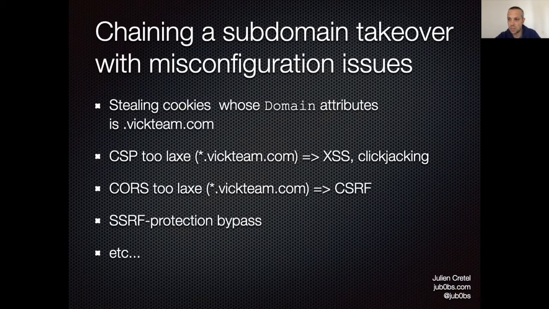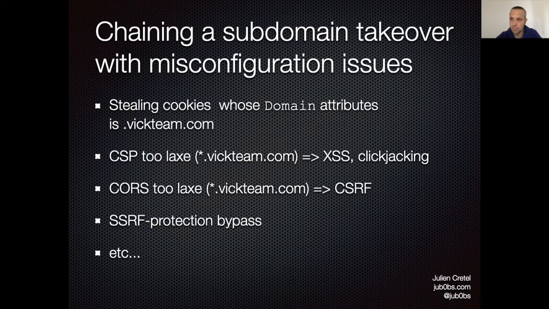If victim.com or app.victim.com has a CSP, a content security policy, that allows them to whitelist the source of JavaScript or the origins that can embed the site, then if the CSP is too lax and lists all the subdomains of victim.com in the whitelist, then they expose themselves potentially to XSS and clickjacking attacks.